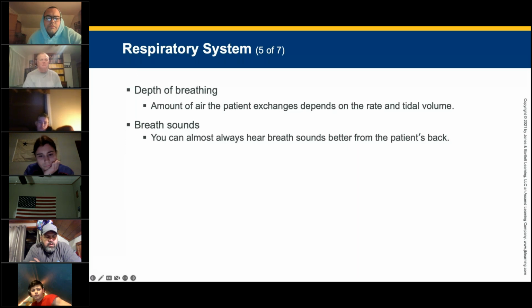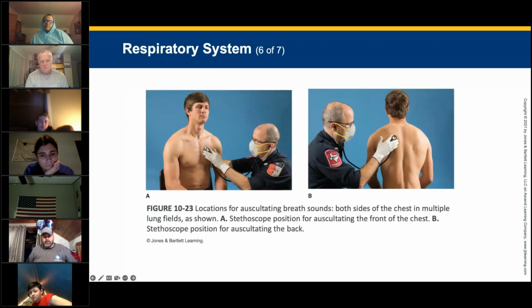The breath sounds, you can almost always hear the breath sounds better from the patient's backside. So here you can see a little diagram showing where they're listening for the breath sounds. So you're definitely going to hear them better on the backside than you would on the front.